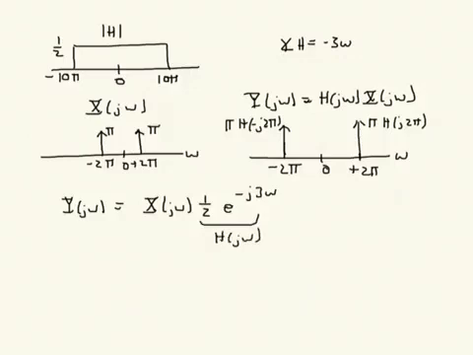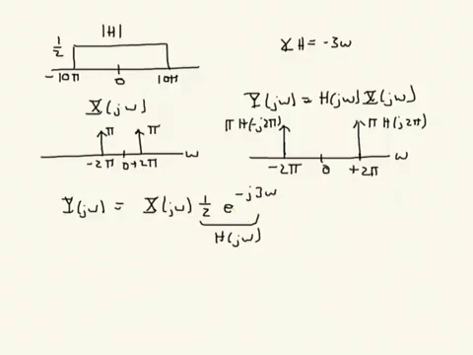Well, first of all, if we've multiplied a transform by a half, by linearity, that is just going to mean that x of t is scaled by a half. And by the time delay theorem, if we multiply something by e to the minus j3 omega, then we're delaying it in time by 3.